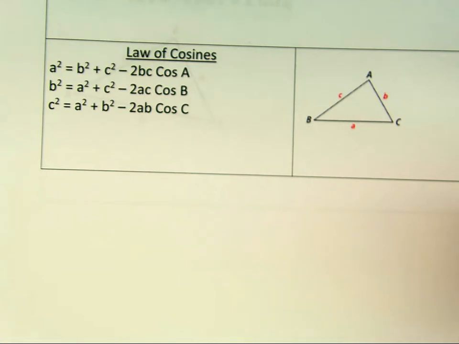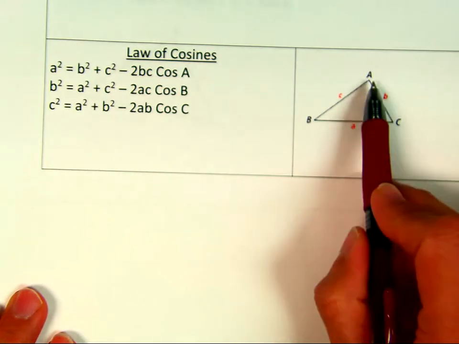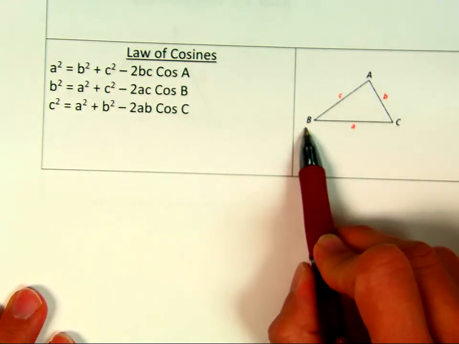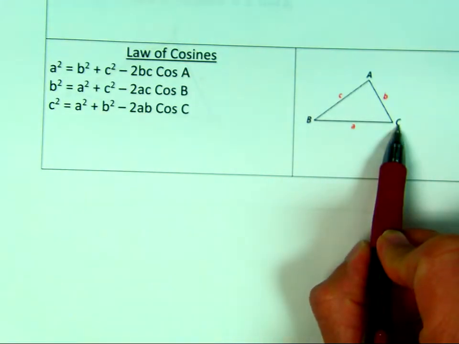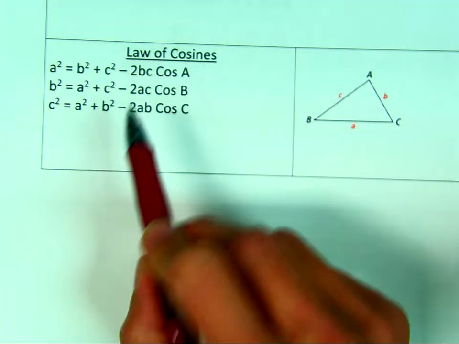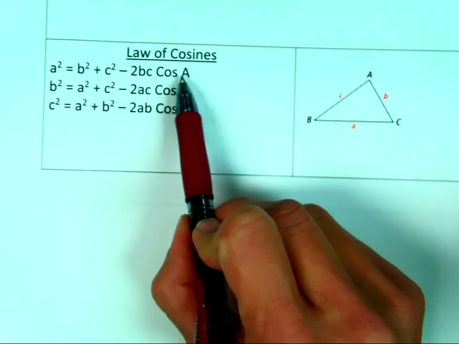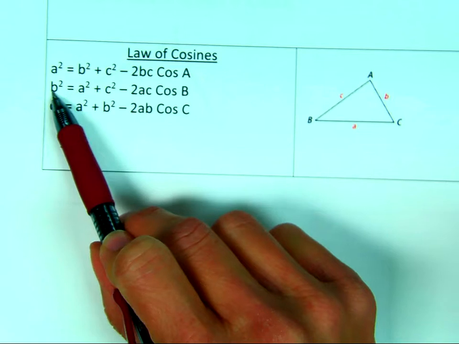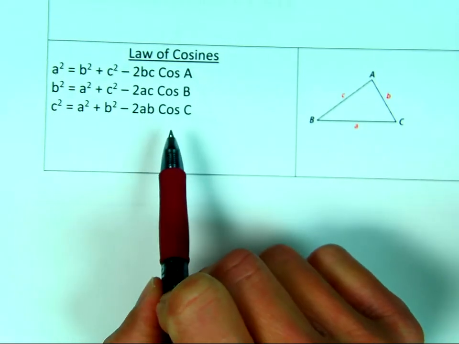It's important to know that little a is always opposite angle A, lowercase b is always the side opposite angle B, and side c is always the side opposite angle C. Those are really important to notice.